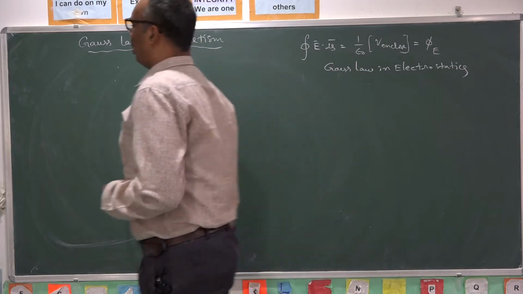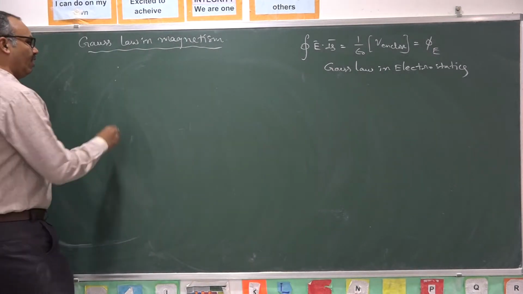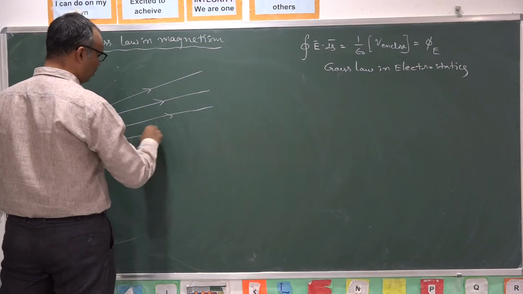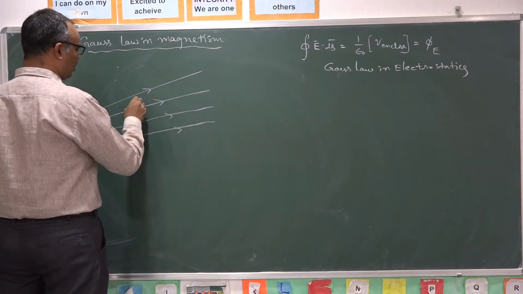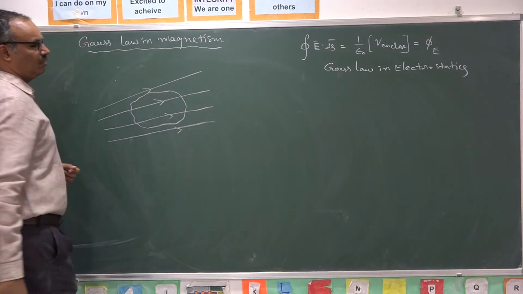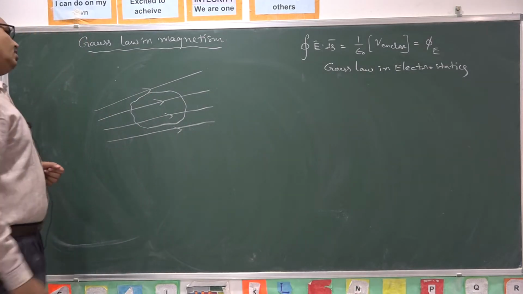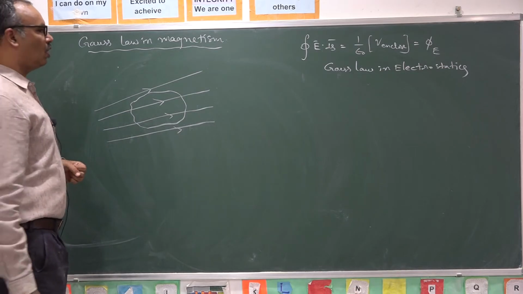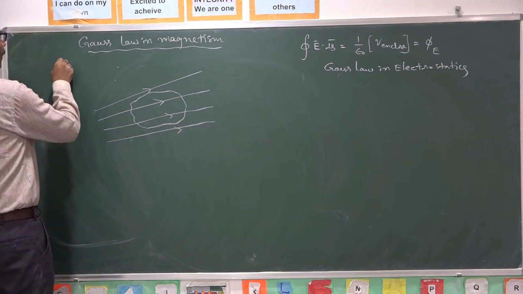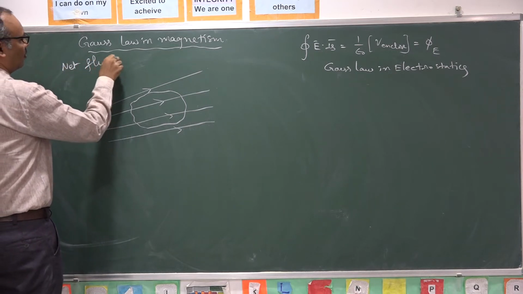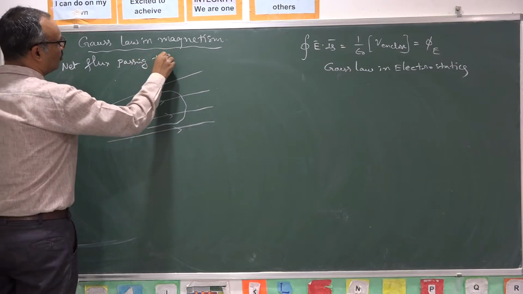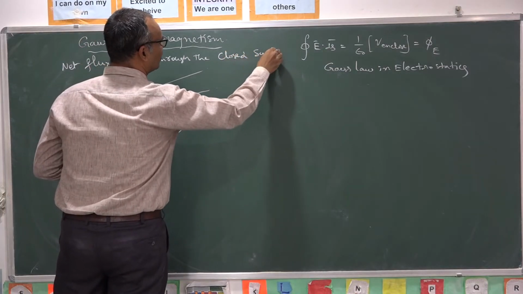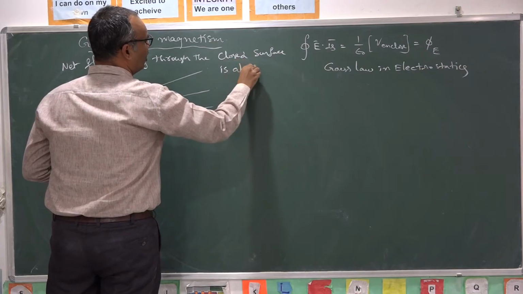Now let us understand Gauss law in magnetism. Whenever I take a region having some magnetic lines of force or magnetic field, in this region, if I consider any closed surface, the net flux passing through the closed surface is always 0.